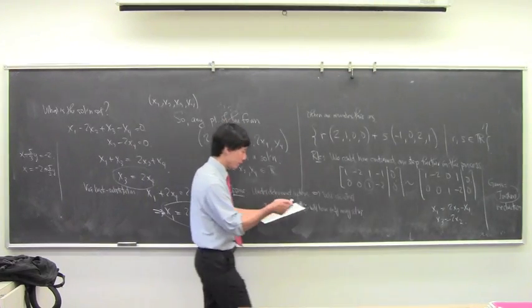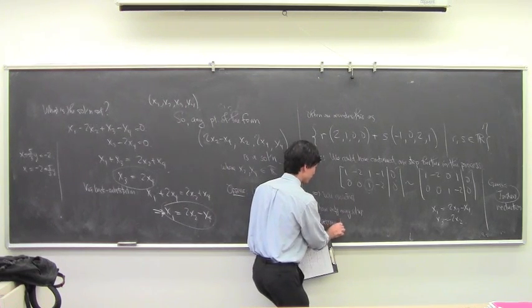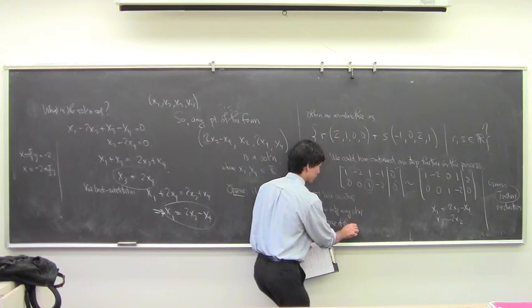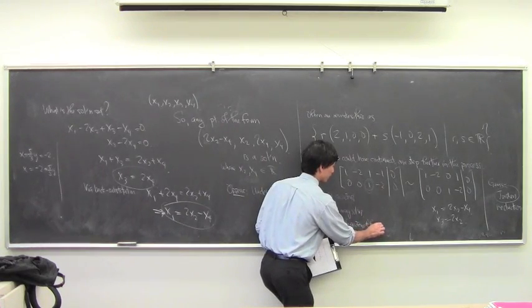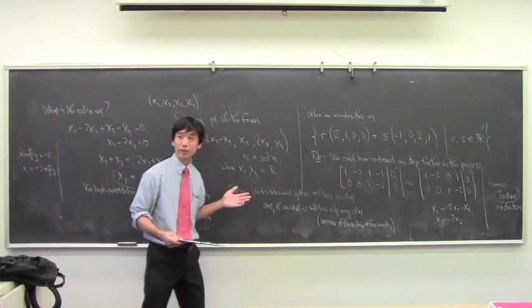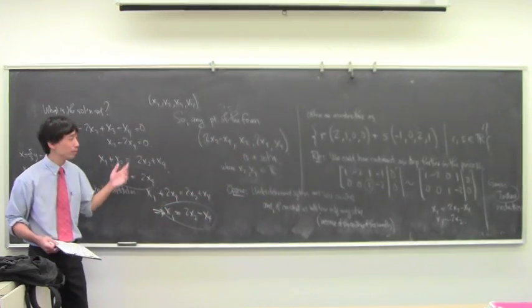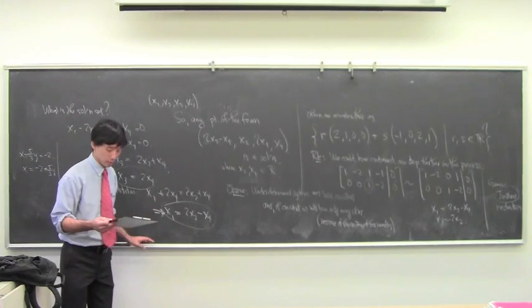You're going to end up with infinitely many solutions because of the existence of free variables. If you've got a free variable and you have a consistent system, then you've got infinitely many solutions. Okay, so that's just an observation.